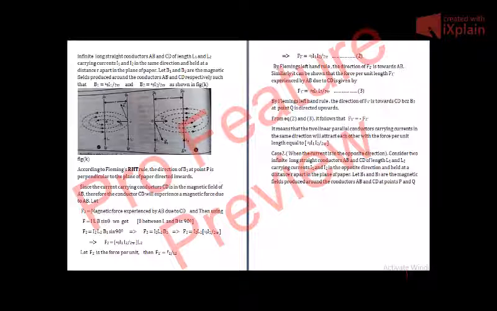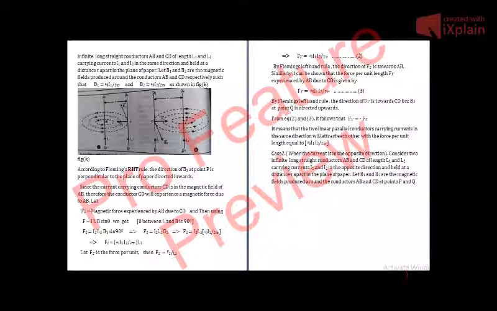Force experienced by wire, sorry, wire AB will be equal to I2 L2 B1 sine 90. Since theta is equal to 90 degrees here, sine 90 is 1, therefore F2 will be equal to I2 L2 B1.